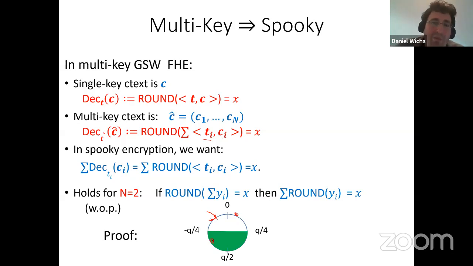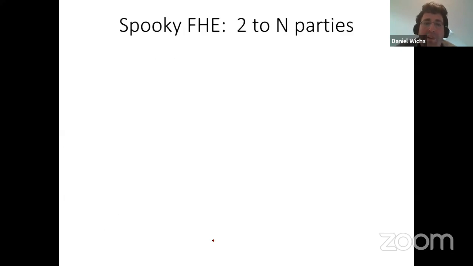So the good news is we get spooky fully homomorphic encryption, but only for 2 parties, not for an arbitrary number of parties. So it turns out that there's one more trick to go from 2-party spooky encryption to many-party spooky encryption. And the trick is very similar to the GMW multi-party computation. So let me show you what this trick is.